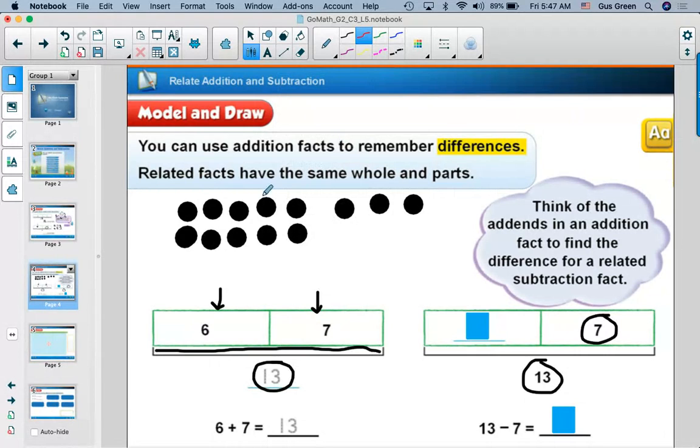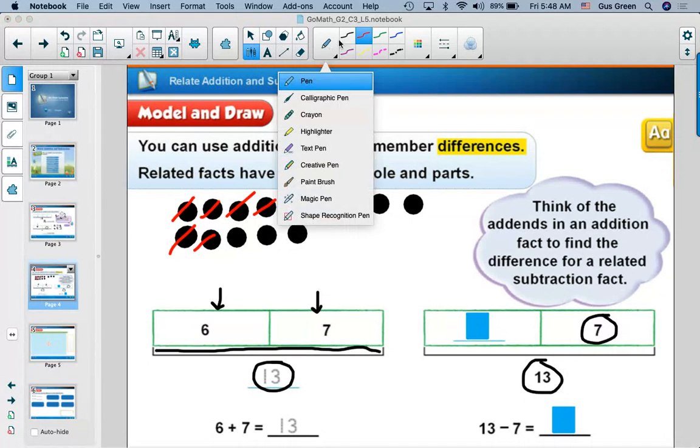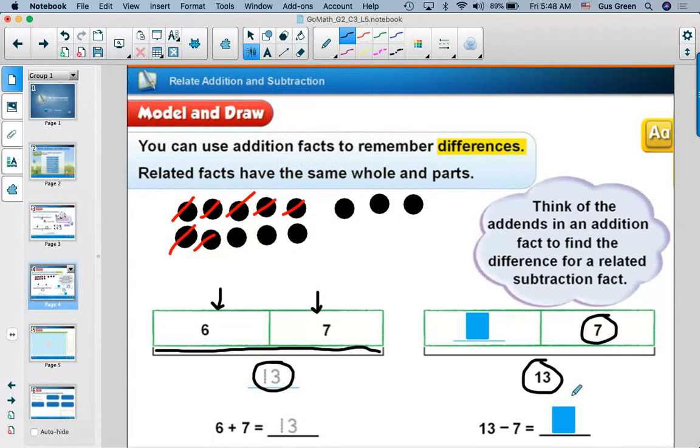Now let's use the red pen to cross off 7 of them. 1, 2, 3, 4, 5, 6, 7, and then count how many are left. 1, 2, 3, 4, 5, 6, which is just what we thought. 6 will be left. Because as 6 plus 7 is 13, then 13 minus 7 would be 6.